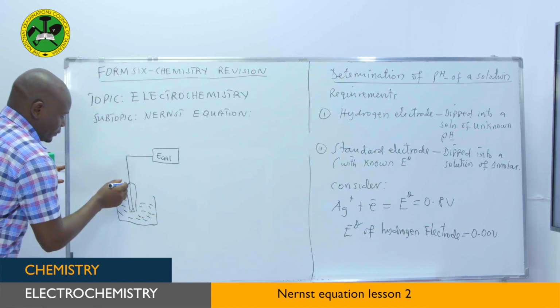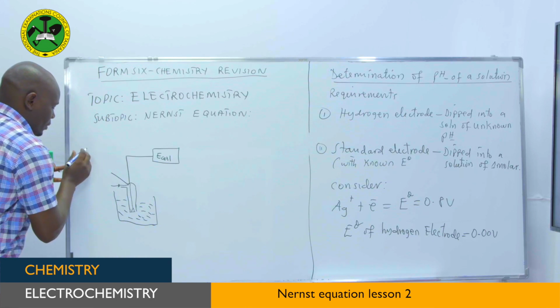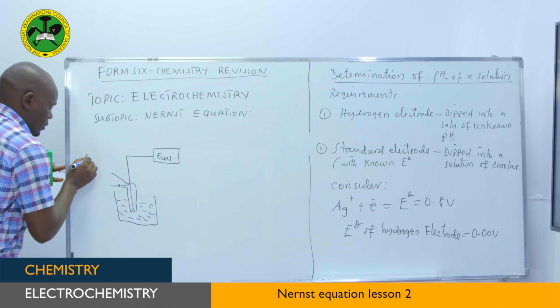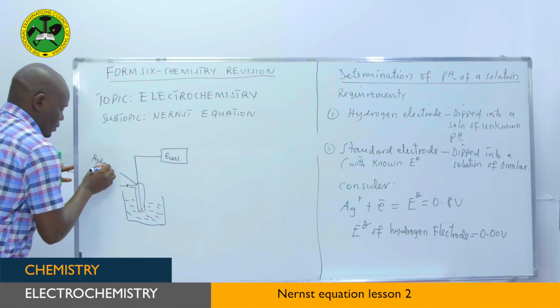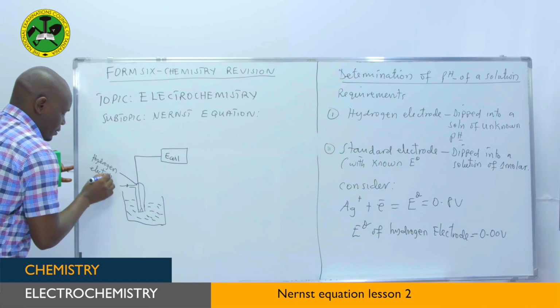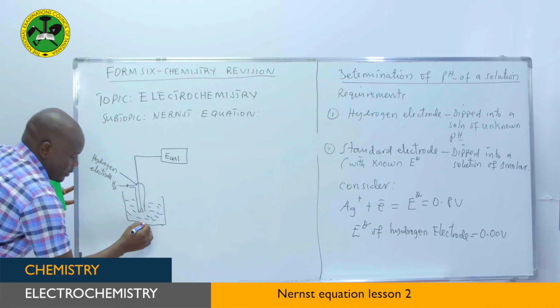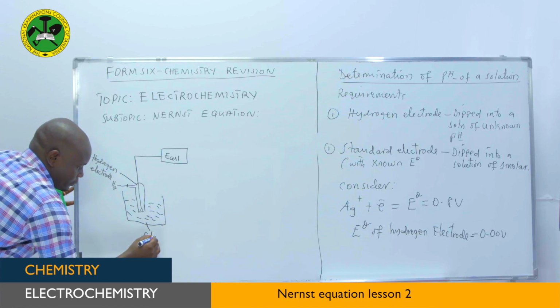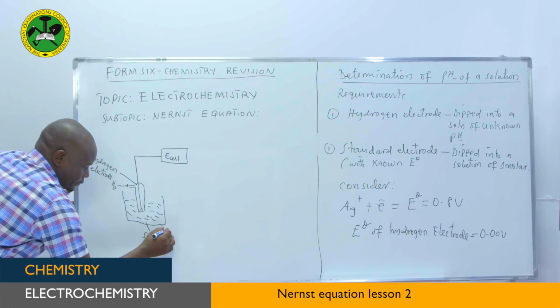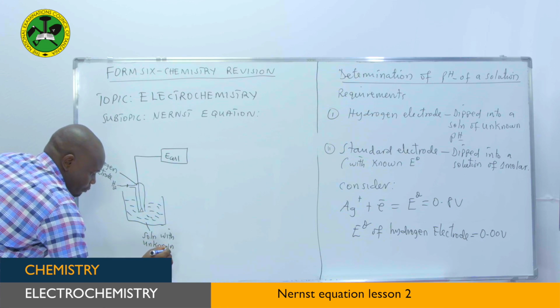So this is the hydrogen electrode, the hydrogen gas is introduced here, and this is our solution with the unknown pH.